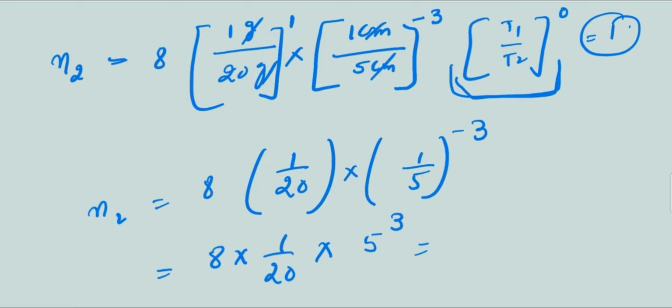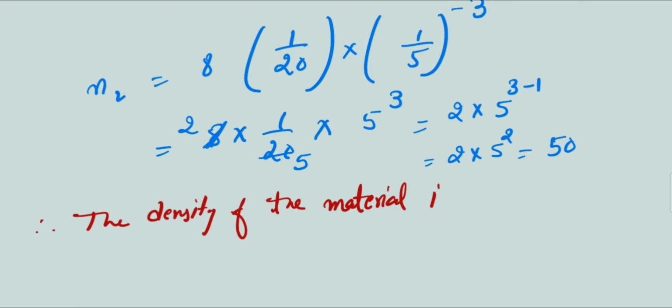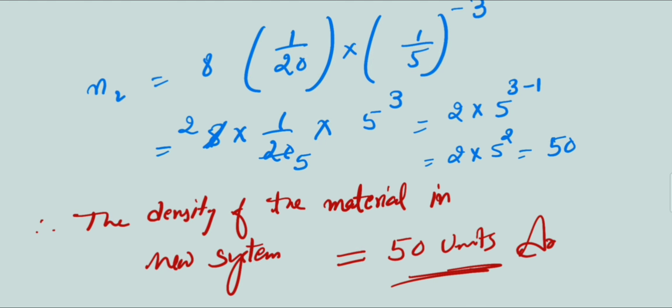We can simplify 8 by 20 using 4 and 5, so we'll get 2 into 5 raised to power 3 minus 1, which is equal to 2 into 5 raised to power 2, which is equal to 50. So the density of the material in the new system is equal to 50 units. So this is my answer.